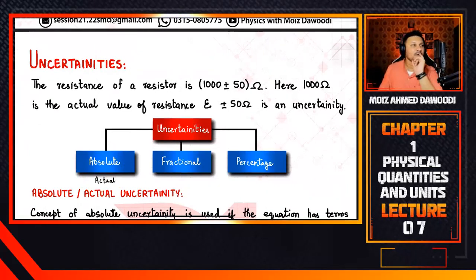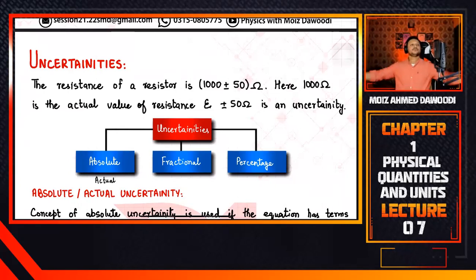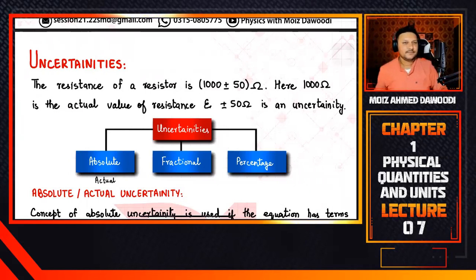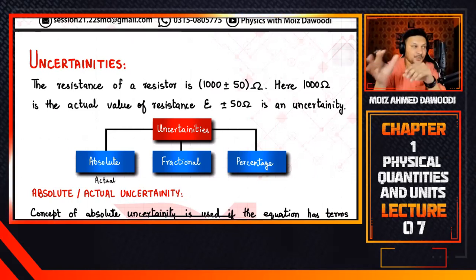Okay. While the second one is fractional uncertainty. Yes, sir. Cool. So first let's talk about absolute or actual uncertainty.